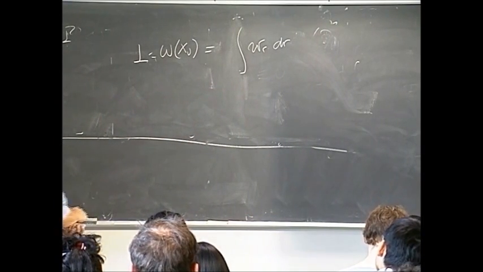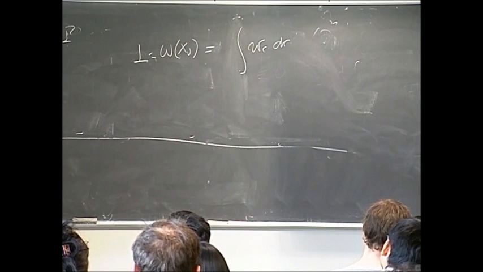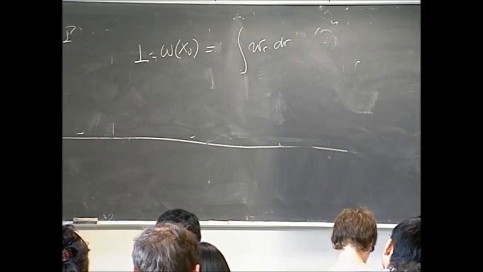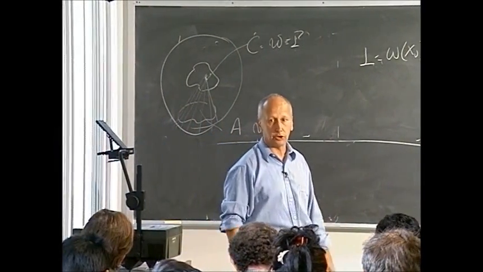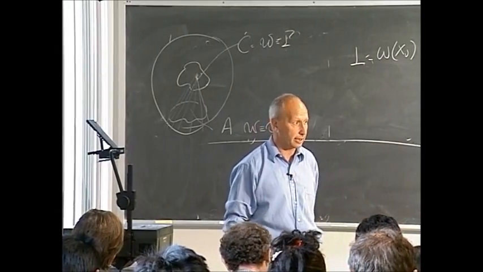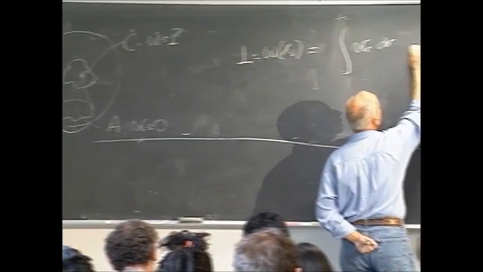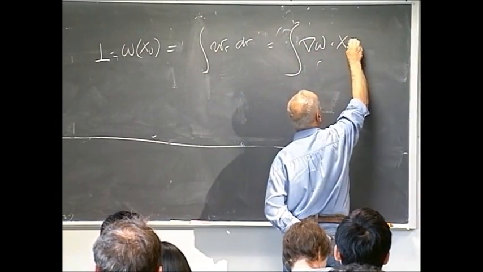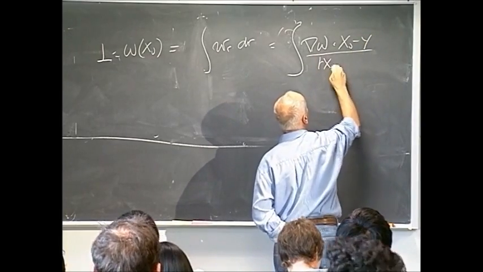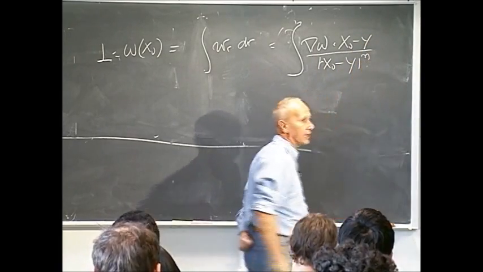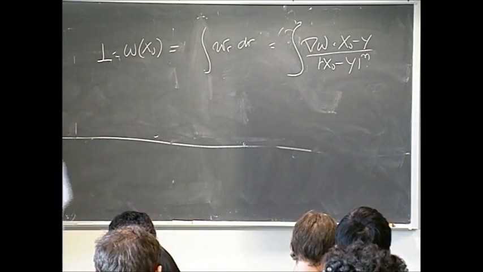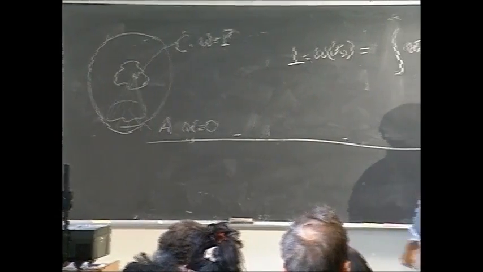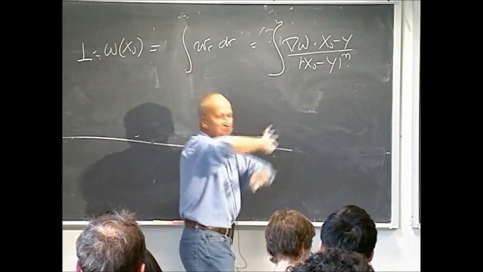Then I integrate along all the segments, so I have here x0, among all the segments that hit A. So I do the volume integral along all the segments that hit A. So here what I get is the integral, as I said before, of gradient W dot (x0 minus y) over |x0 minus y| to the n, integrated on this cone, which is less than, I will replace it by just everything in a minute.